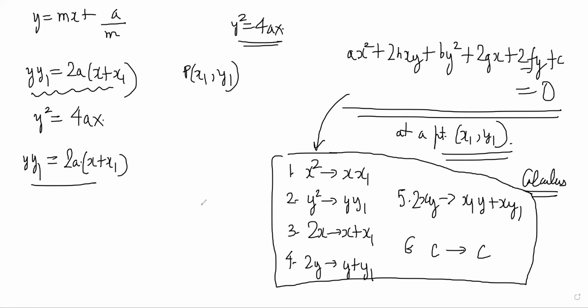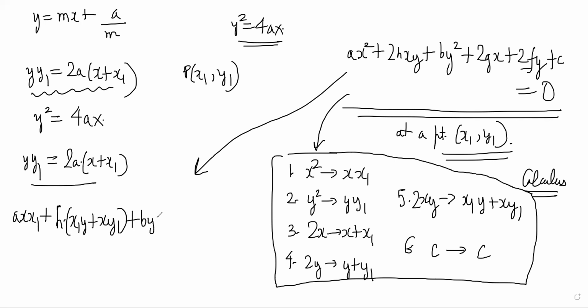You can check this for any circle or any curve. In general, for any curve, the tangent here would be a x x1 plus h times x1y plus xy1 plus b y y1 plus g times x plus x1 plus f times y plus y1 plus c is equal to 0.